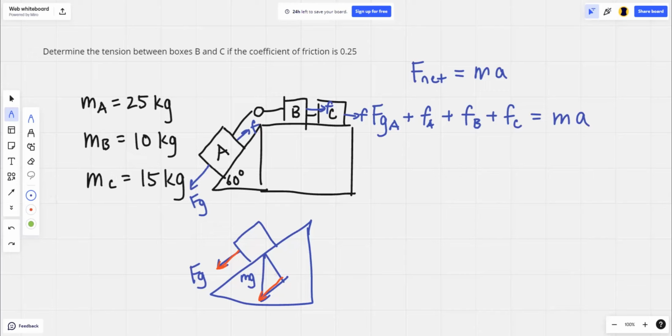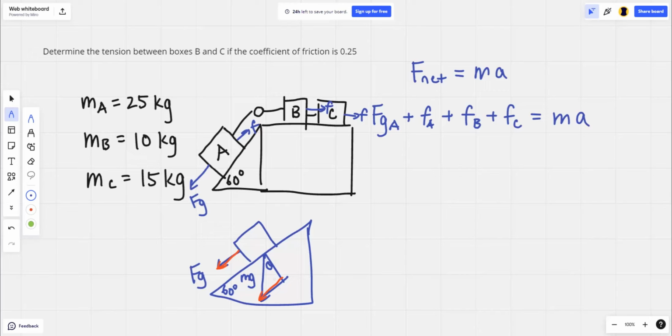And to find that, we can use the angle here, which is going to be the same as the angle here. So this is also 60 degrees. And we can use some trig to find out what FG is.